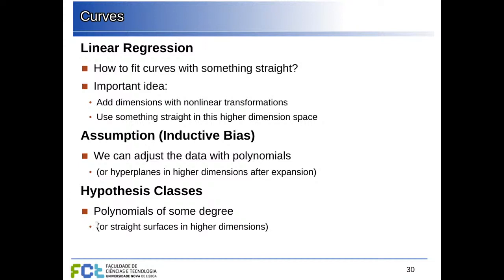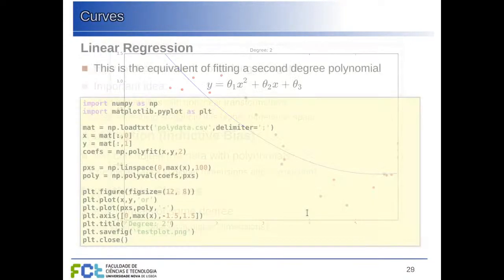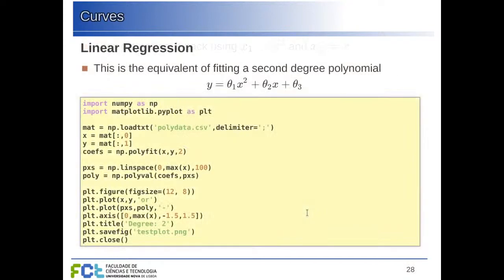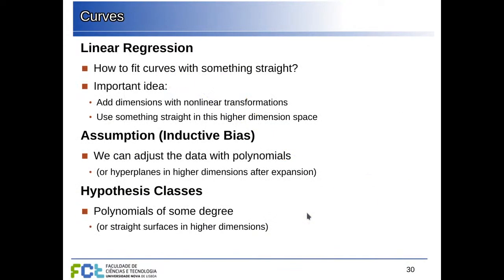So basically, different hypothesis classes, we can think of them as polynomials of different degrees or straight surfaces, hyperplanes in higher dimensions. The set of planes in 3 dimensions would be one hypothesis class. The set of hyperplanes in 4 dimensions would be another, 5 dimensions another, and so on. So if we transform our data non-linearly, then we can access those different hypothesis classes, and it will make a difference in how we fit those models to our data.